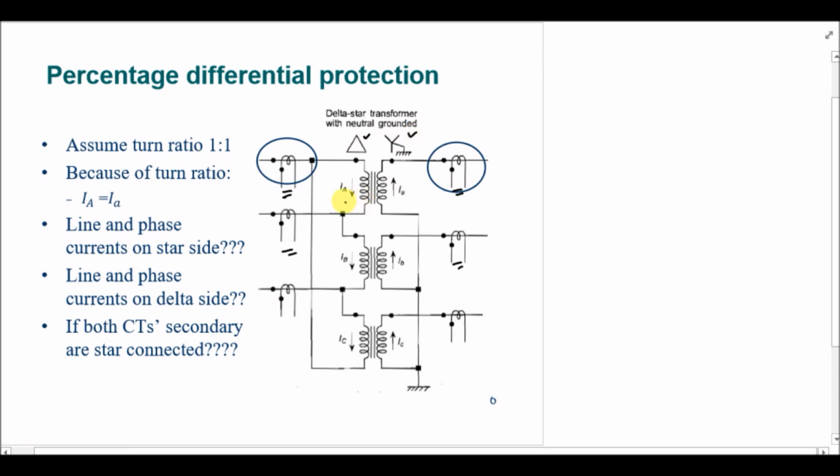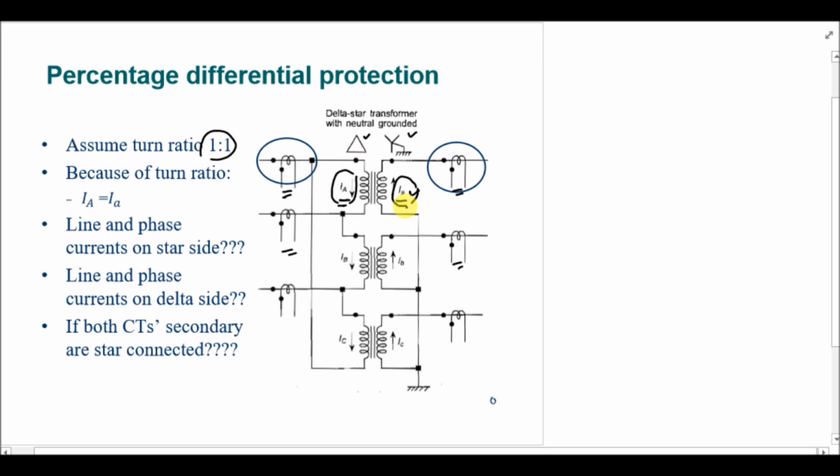The phase currents are capital IA and small ia. Capital IA is for the primary side of the transformer and small ia is for the secondary winding. For this case we are assuming that the turn ratio is 1:1, so the primary side current in phase A of the transformer is equal to the secondary side current.